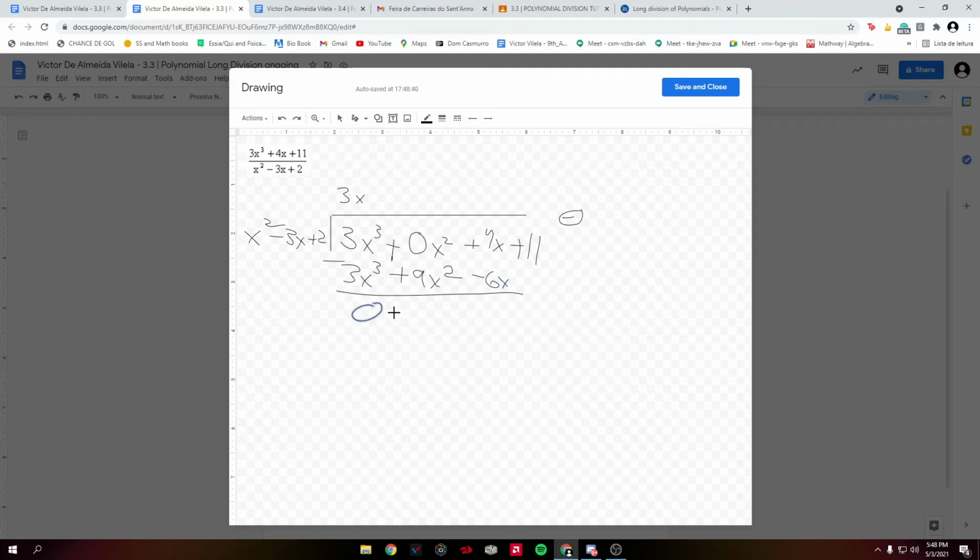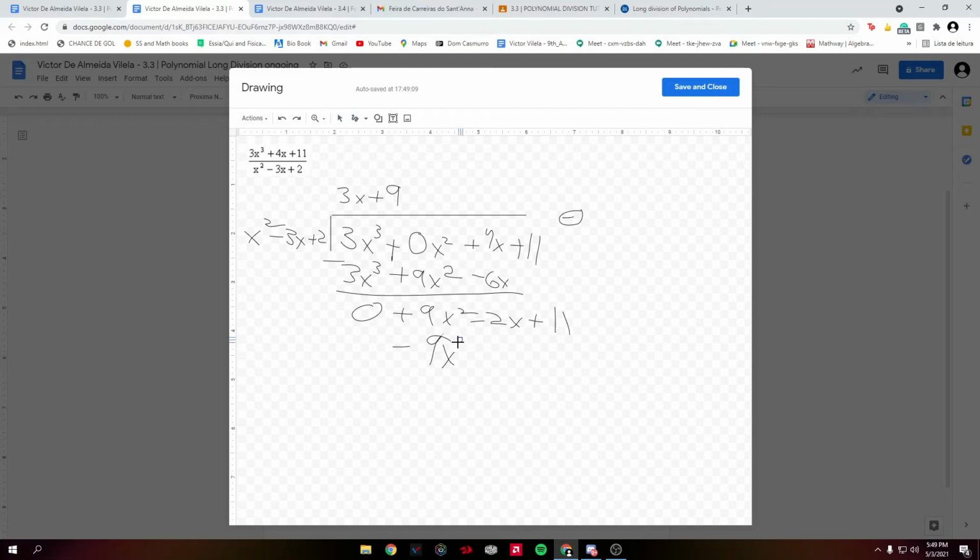Okay, 0, positive 9x squared, and a negative 2x plus 11. Now for the second one, it's already squared, so we just need a 9. It would be 9x squared, negative. Correct? Yes, it is.